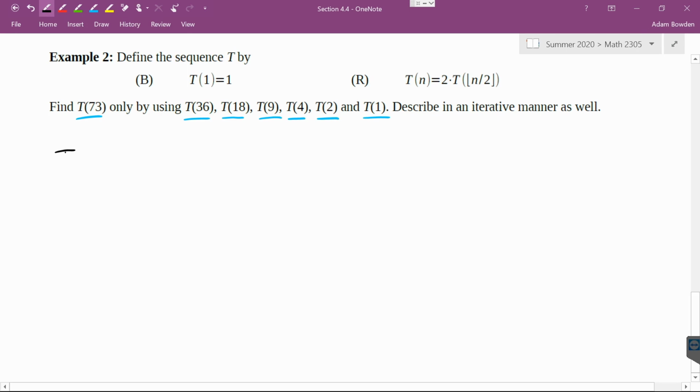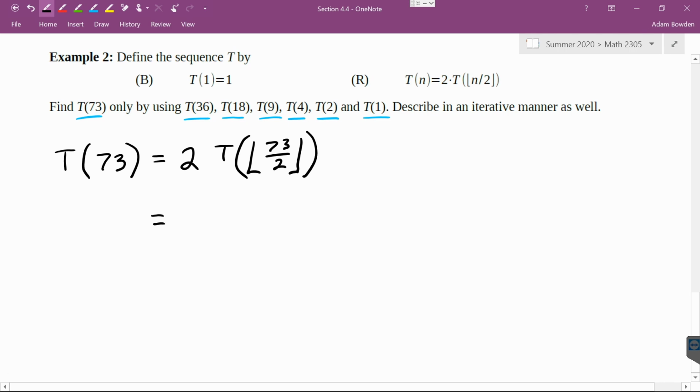So here's how I'm going to do this. t of 73 is by definition up above the same thing as 2 times t of the floor of 73 over 2. Okay, now that's the same thing as 36. So 2 times t of 36.